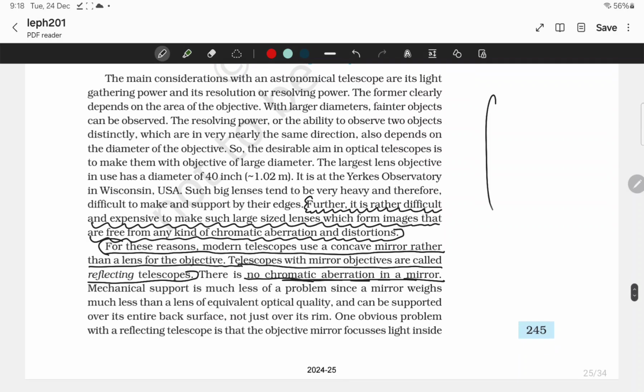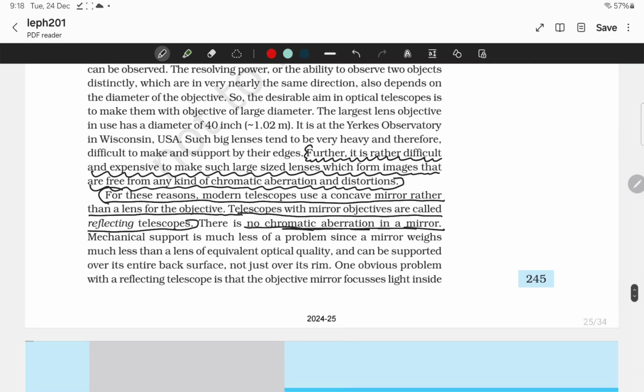Because making big lenses can lead to chromatic aberration, meaning light splitting, because it is a refraction, right? Light splitting can be large, but for a mirror, light splitting is not there. No dispersion is happening, right? No dispersion in a mirror, so this is just reflecting back like this, right? So mirrors are better than lenses because there is no chromatic aberration.